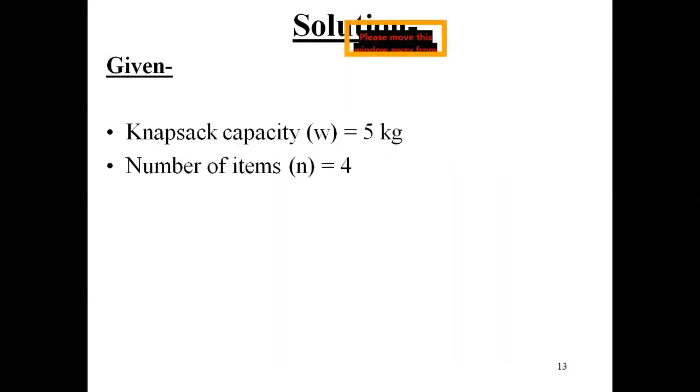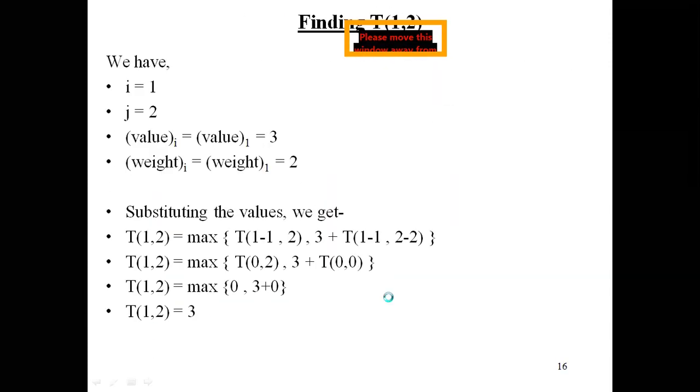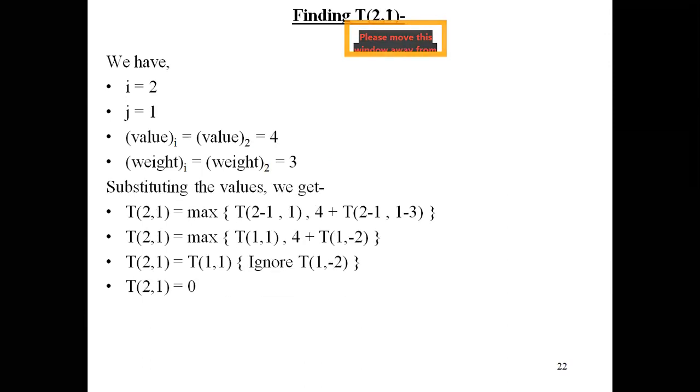In the problem, second item value is 4, weight is 3. Value is also called profit. Profit of the second item is 4. Weight of the second item is 3 kg. We can take this one.